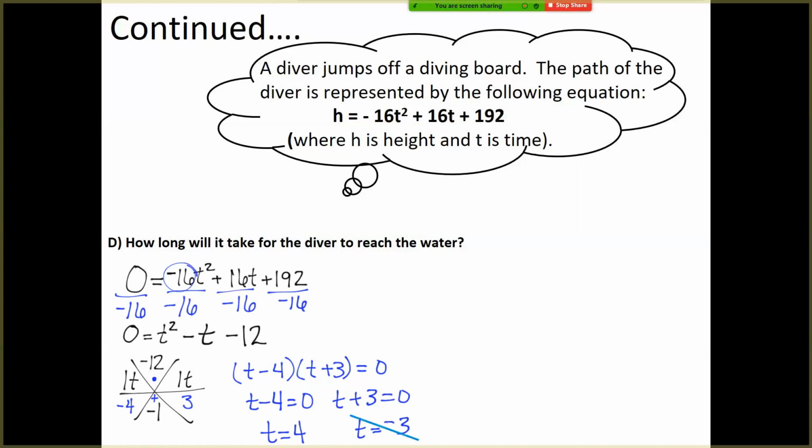No, you would not tell me it took you -3 seconds to do anything. So our only answer in this case is going to be t equals 4. We're going to put seconds after it, and that is our final answer right here. So the only answer that makes sense for a diver getting to the water would be 4 seconds. So the diver jumps off the diving board, 4 seconds later, that diver is hitting the water.